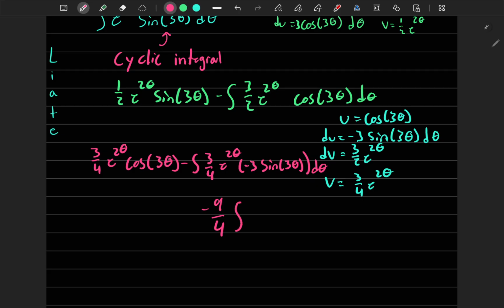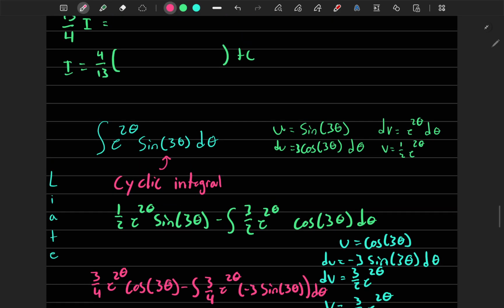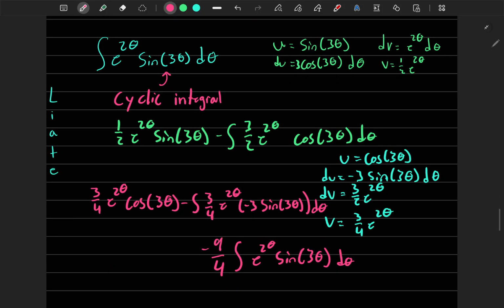And so you'll see now we get just the integral of e^(2θ) times sine of 3θ dθ. Now watch this. This is fire. Doesn't this look kind of familiar to what we had when we started this? The e^(2θ) sine 3θ dθ.